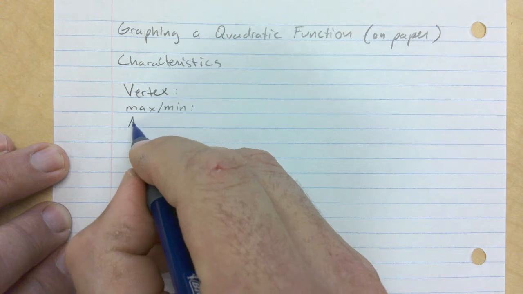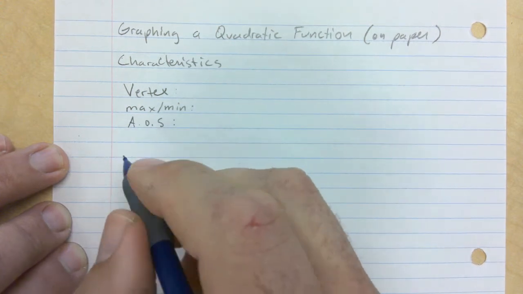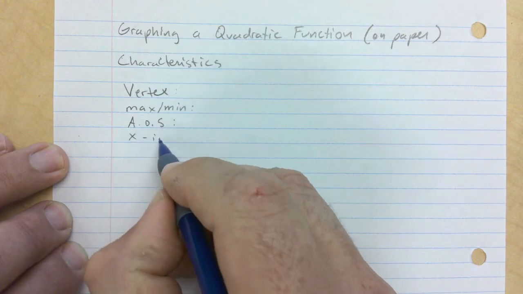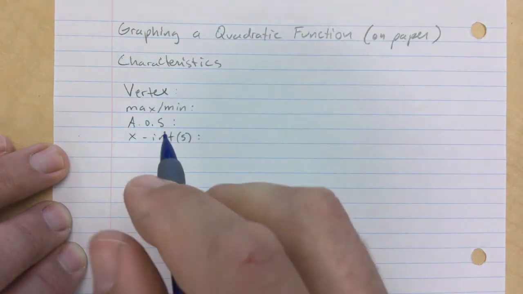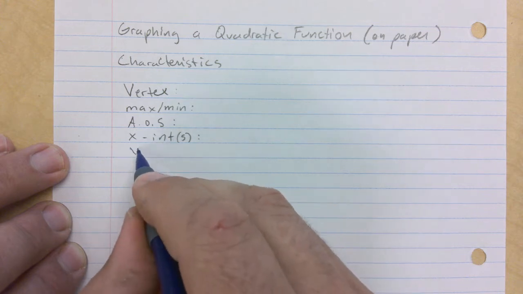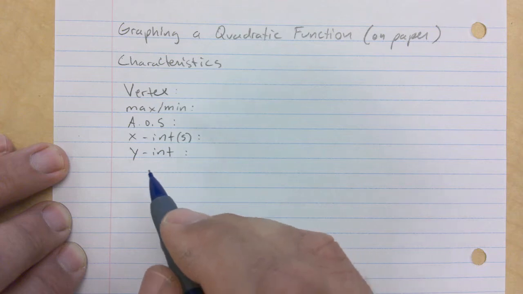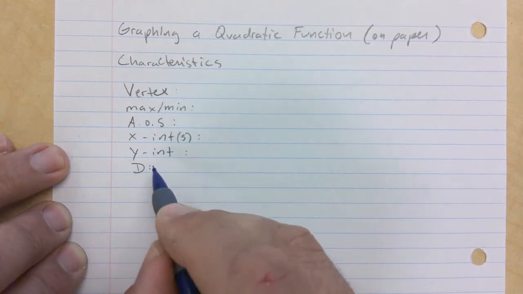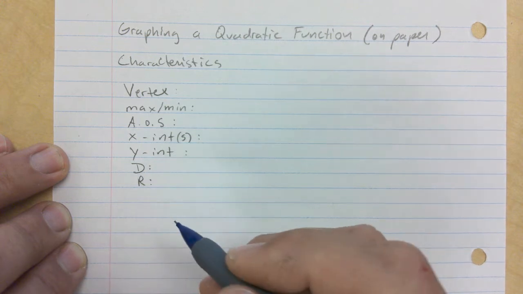You need to know the axis of symmetry. I'm gonna ask you to tell me that. The x-intercept or the x-intercepts, okay? You're gonna have to find the y-intercept and the domain and the range.